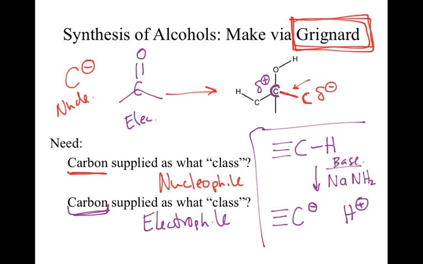What elements have an electronegativity lower than carbon? Hydrogen was a good option, but we also have the potential for using a metal. Metals have extremely low electronegativity. So if I can somehow generate a carbon-metal bond, that bond is going to be so weak that the carbon is going to take the electrons away from the metal, and I've got my nucleophile.